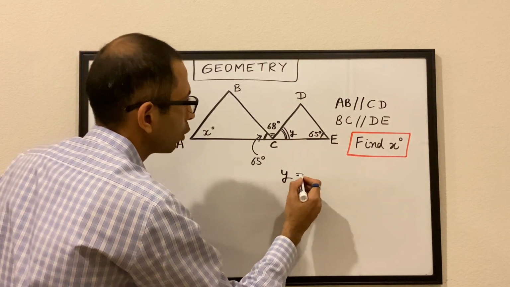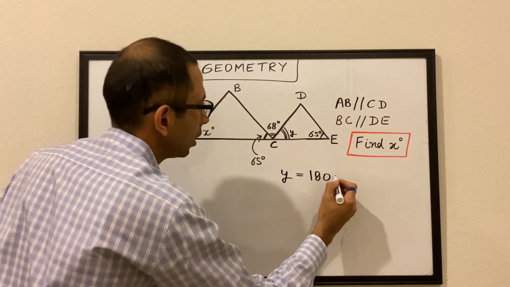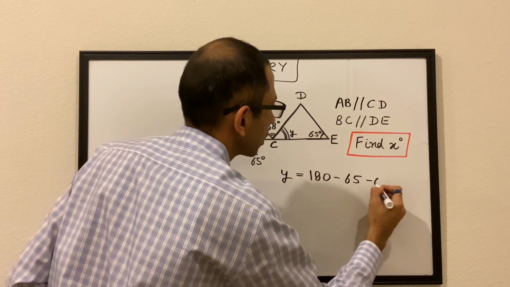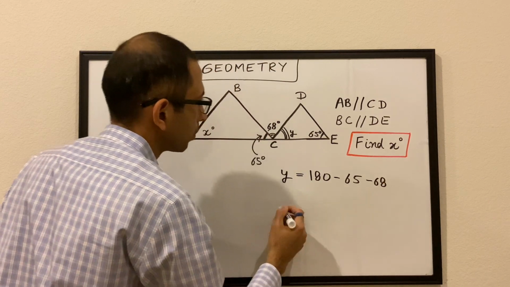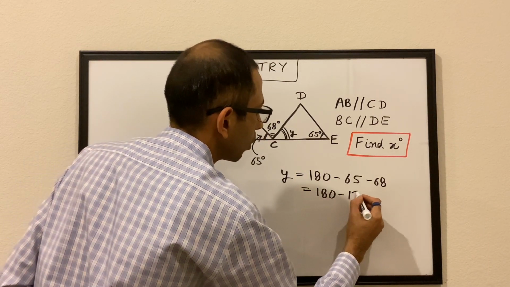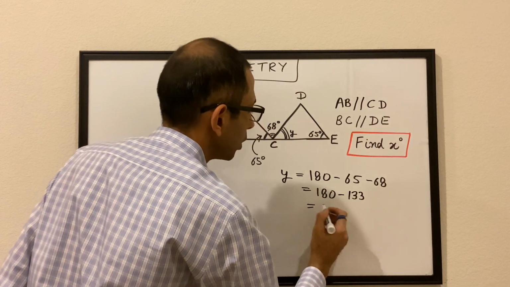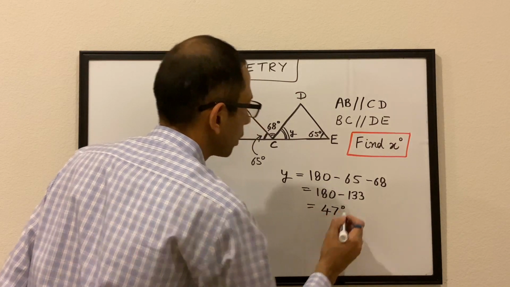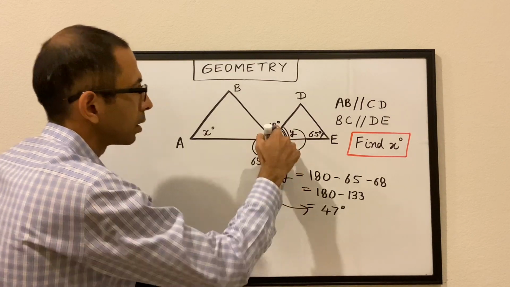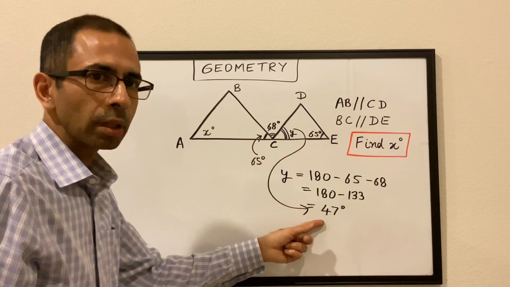So y would be 180 minus 65 minus 68, correct? Which is equal to 180 minus 133, which is equal to 47 degrees. So angle y, this angle here, is 47 degrees.